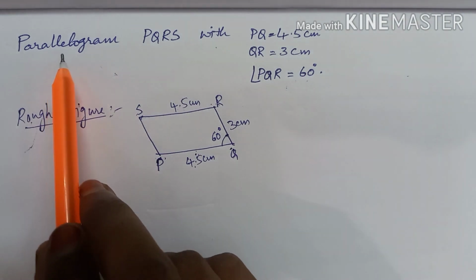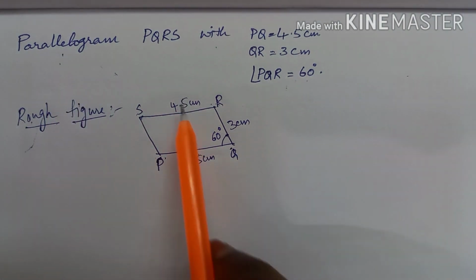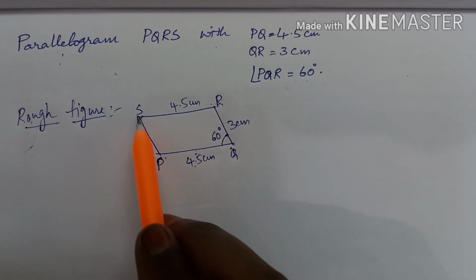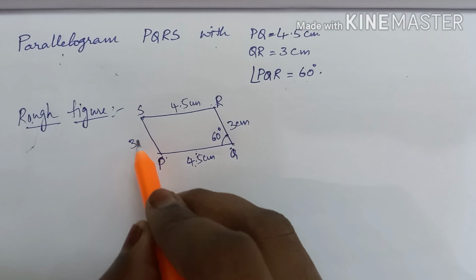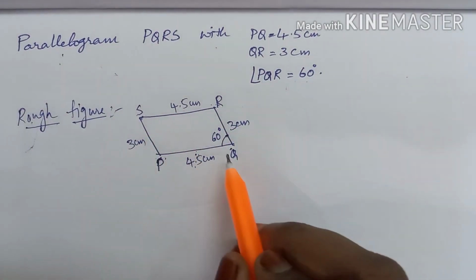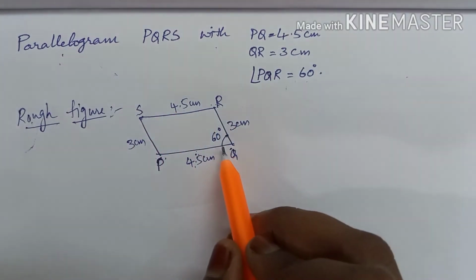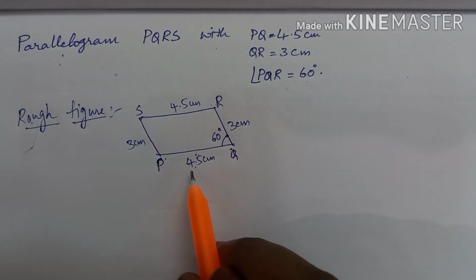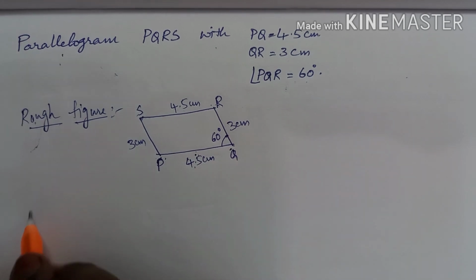What are the properties of parallelogram? Opposite sides are equal. So here QR is 3 centimeters. Now PS is also 3 centimeters. See children, now 1, 2, 3, 4, 5. So 4 sides and 1 angle, 5 measurements are given.